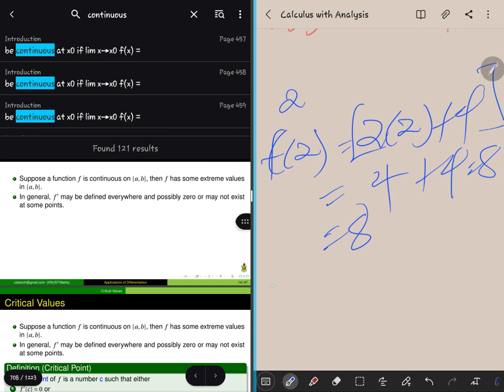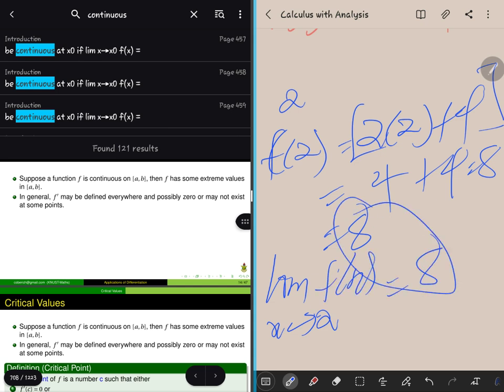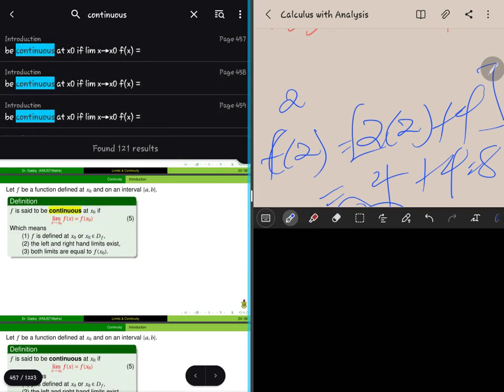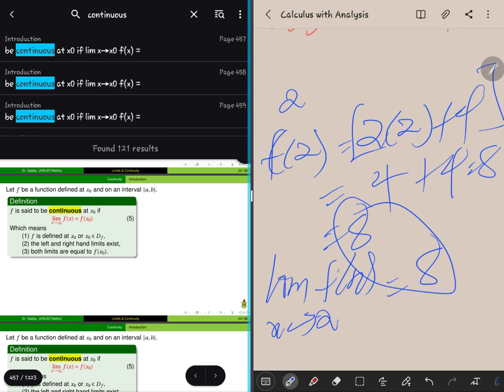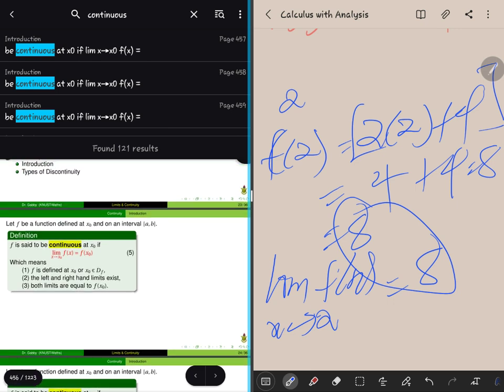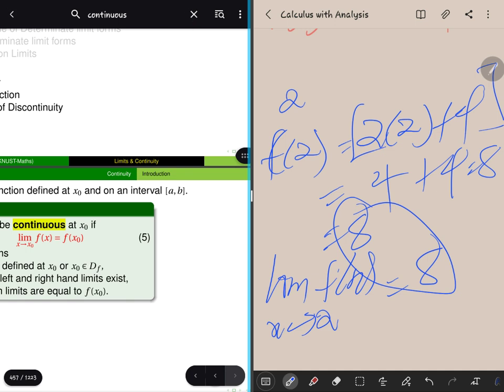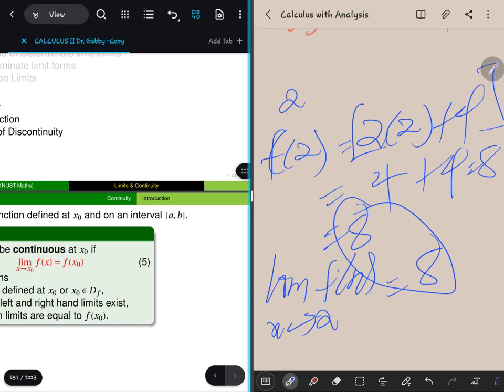and then you check the limit as x is approaching 2, and then check if it's actually the same 8, then we can say the function is continuous at that point. That's what it means. So a function is said to be continuous at a point if the limit of that particular function is the same as just putting the point that we are approaching in the function.